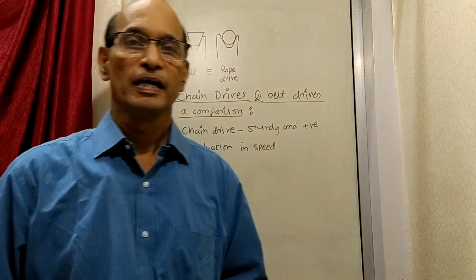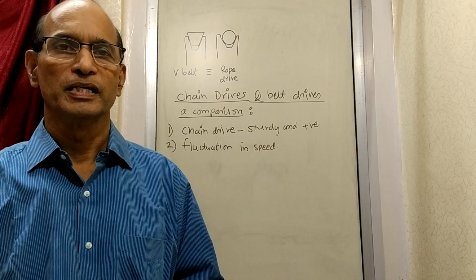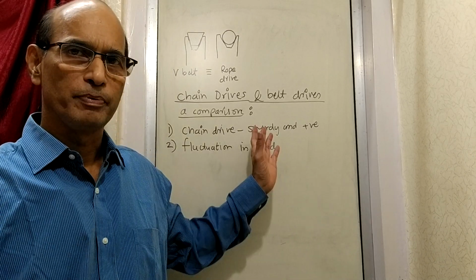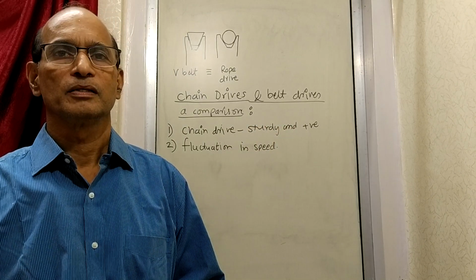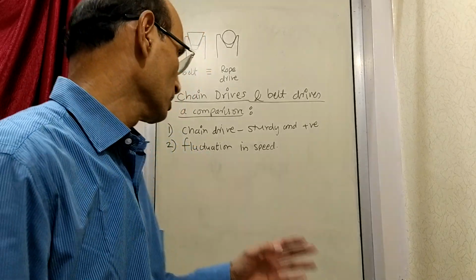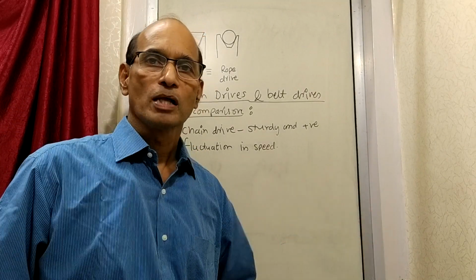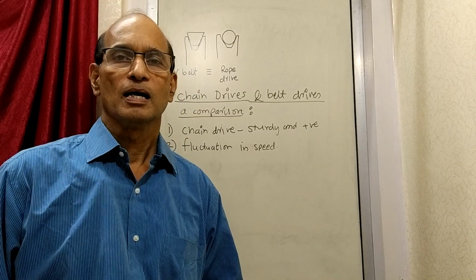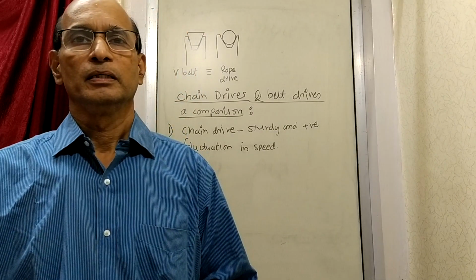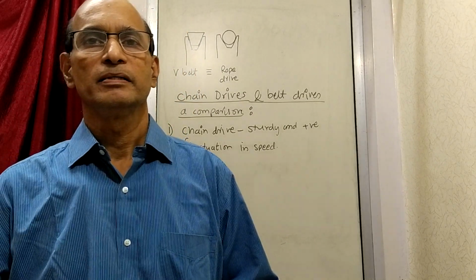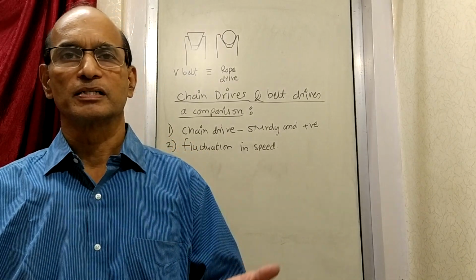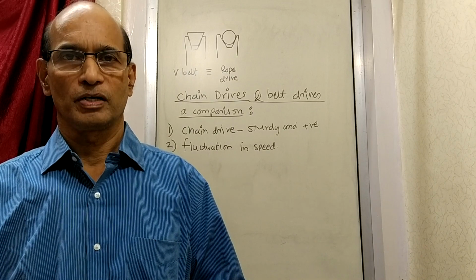There exists a small variation in the speed of chain, because the center line of chain is at a varying distance, varying means changing, is at a changing distance from center of rotation.